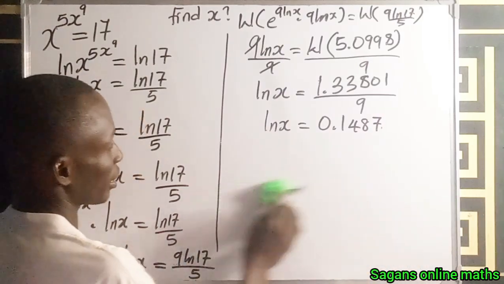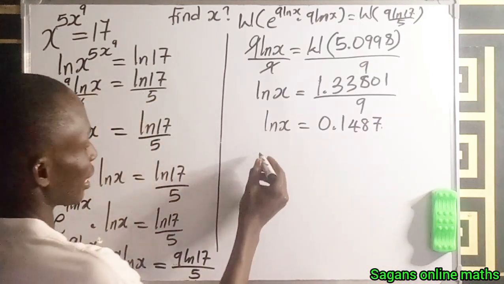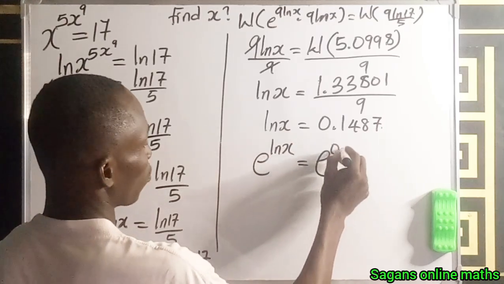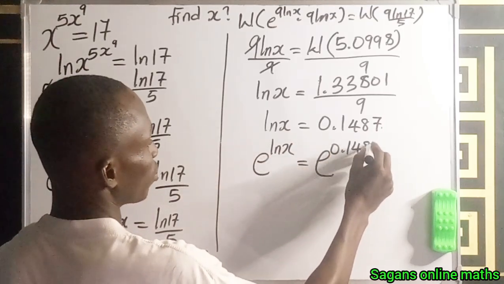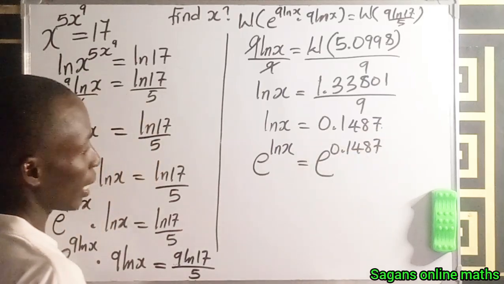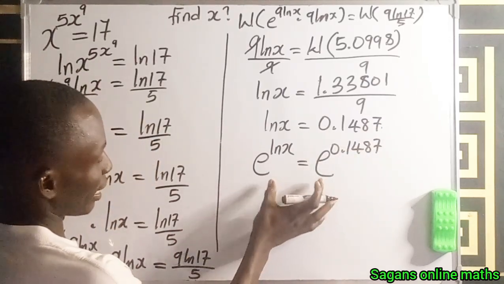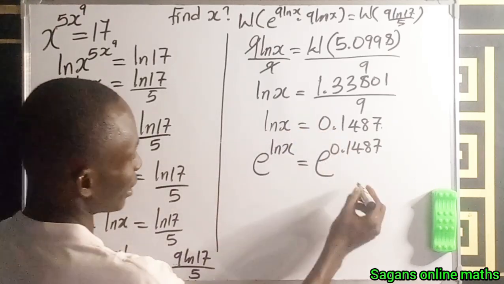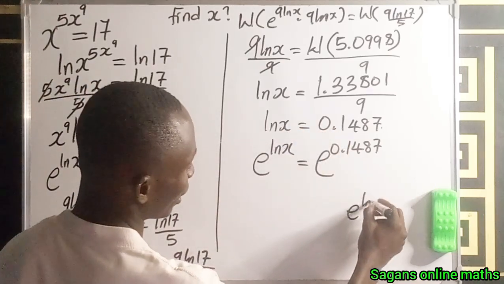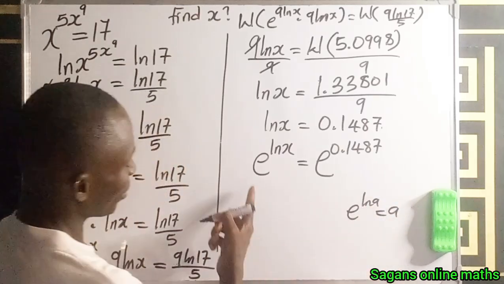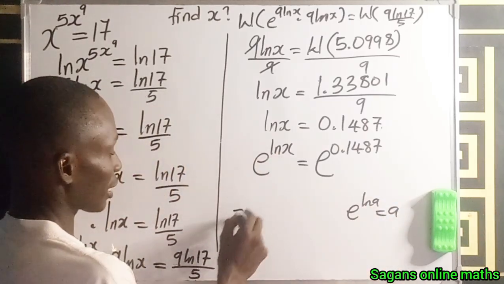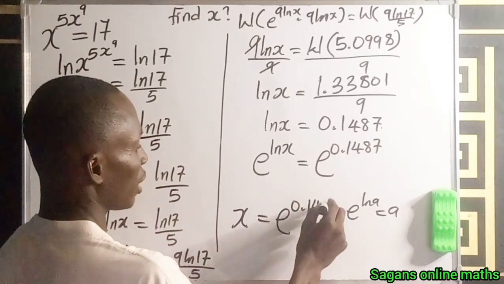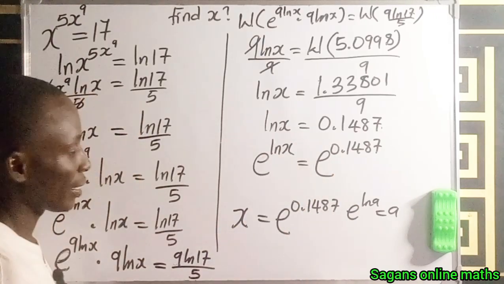Remember, we are looking for the value of x. So I'm not wrong if I decide to write this as ln x equals e to the power of 0.14867, right? Since the bases are the same, I can equate the powers. Recall that e to the power of ln a is equal to a, so e to the power of ln x will just give us x, equals e to the power of 0.1487.